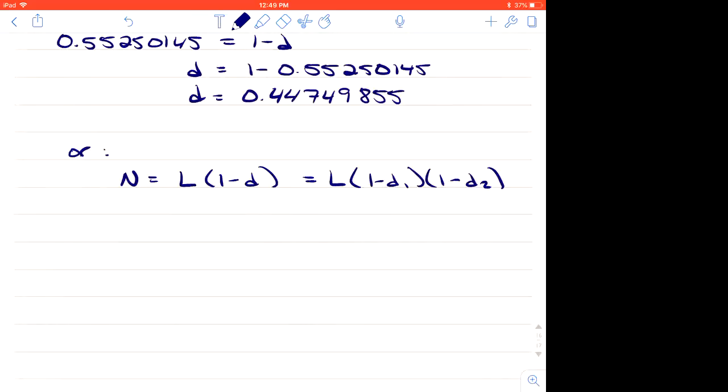So then you can cancel. It doesn't actually matter what the net price and the list price is, because then you're saying that 1 minus D must be equal to 1 minus D1 times 1 minus D2. So you could solve it that way too.